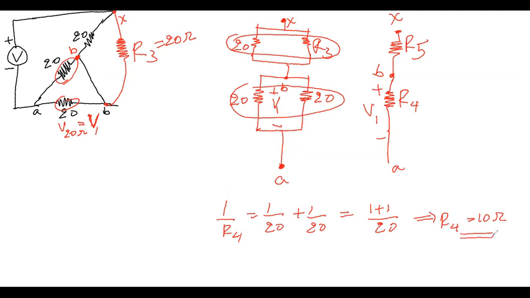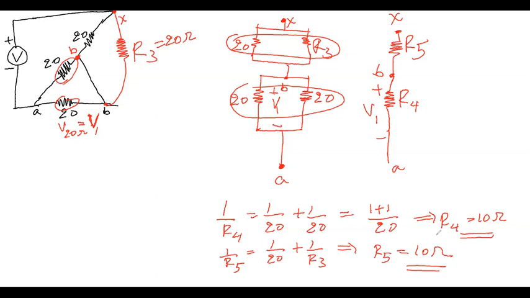And if you follow for R5, you get the same thing. 1 over R5 equals 1 over 20 plus 1 over R3. This will lead us to R5 also being 10 ohm. So R4 is 10 ohm, R5 is 10 ohm.